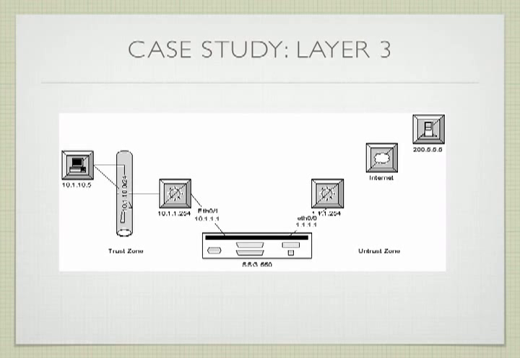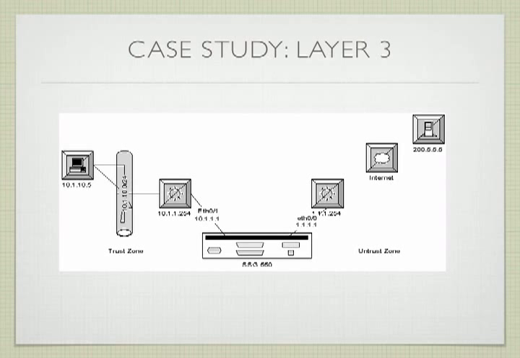So here's our basic network for the configuration review. We have an SSG 550 in the middle. We have 2 zones, the Trust zone on the left, which is our internal network at 10.1.10.5, and we have our Untrust zone on the right.